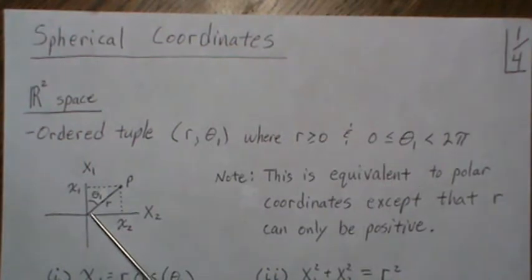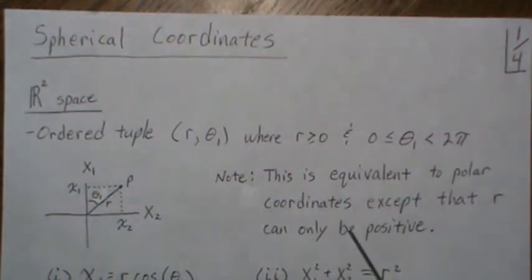Then the distance to that point is r, and that's all we need to describe a point in 2 space. A note is that this is equivalent to polar coordinates, except that r can only be positive. In polar coordinates, you can have a negative value.